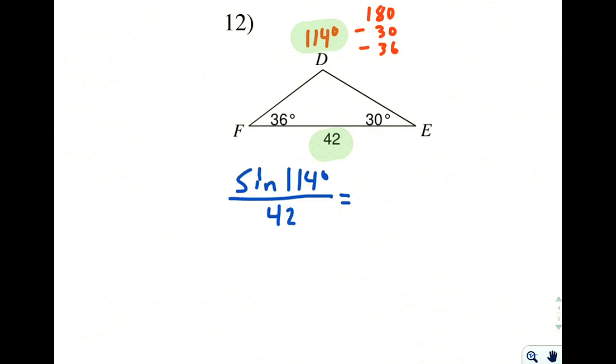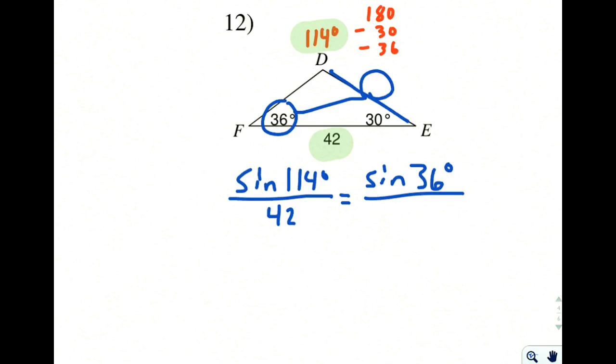Now, it doesn't matter if we start with this side or this side, so I'm just going to pick this one, the DE side. We have a 36 across from an unknown side length. So sine of the angle, I did the angle on top on the left, I'm going to do the angle on top over here on the right. Sine of 36 degrees over our unknown side. And I'm going to call that side little f because it is across from angle F, the big F.